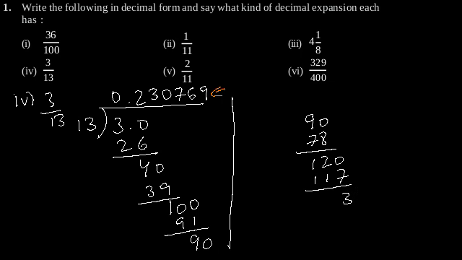So we can say that the decimal expansion of 3 by 13 is 0.230769 bar, and since the decimal expansion doesn't end after a finite number of steps, we can say that it is a non-terminating decimal expansion.